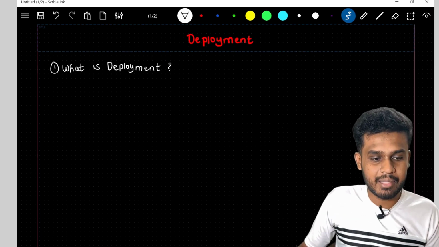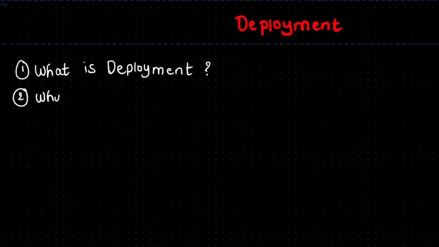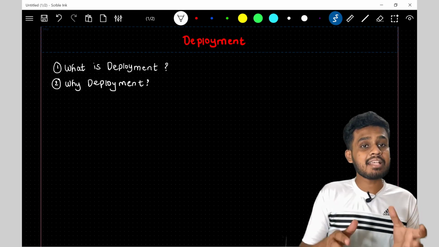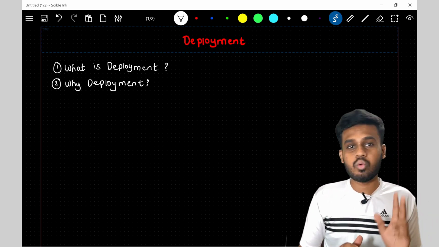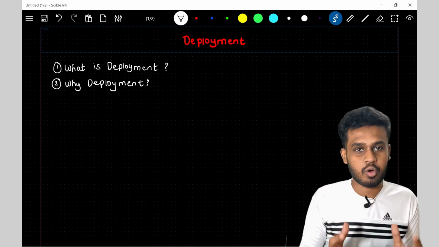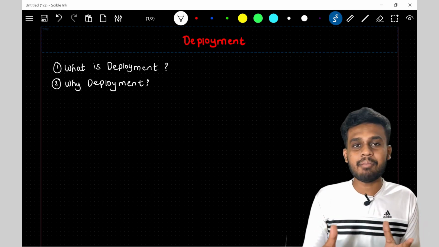Next is why deployment. Why deployment? So this is also a very important question to be answered. So as I told in the beginning, we have only two use cases of any project. Okay, so there might be many, but if I broadly classify them, they come up to two. One is the industrial use case and next is the personal use case.